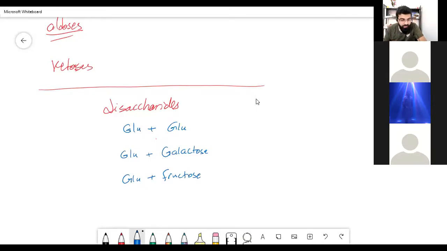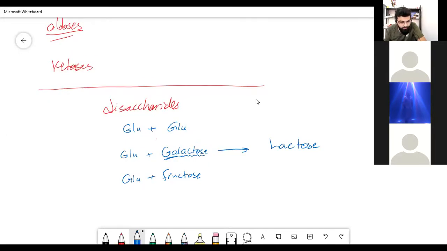Glucose with glucose, keep it to the last. Glucose with galactose, how to memorize it? Just remove gal, so it becomes lactose.